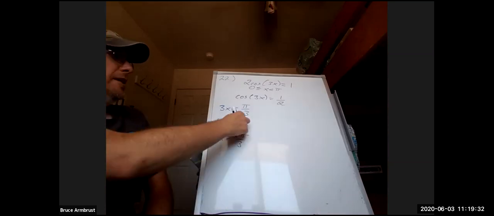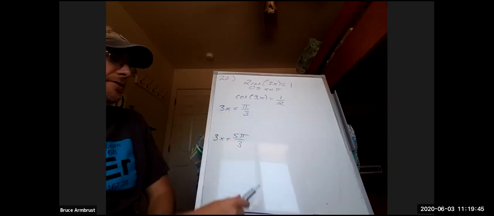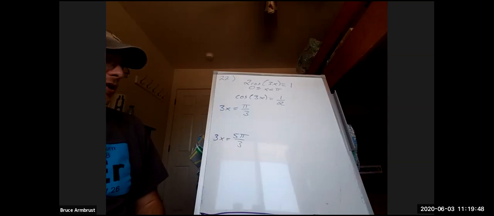So those are the two places, pi over 3 and 5 pi over 3, where we get cosine equaling 1/2. If you didn't remember pi over 3, you could use inverse cosine, and inverse cosine will give you the pi over 3, but then you have to make sure that you go and find the other one using reference angles.